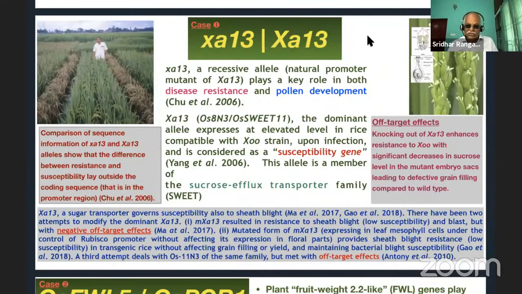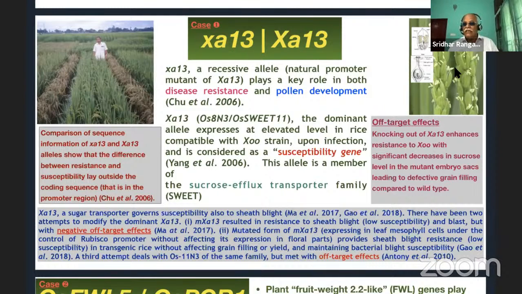Nobody has done any genetic engineering here. It is a natural mutation of Xa13 to xa13 recessive, and the recessive gene gives you protection. But unfortunately, or fortunately, this Xa13 dominant gene, a sugar transporter, is expressed not only in the foliage but also in the floral parts.